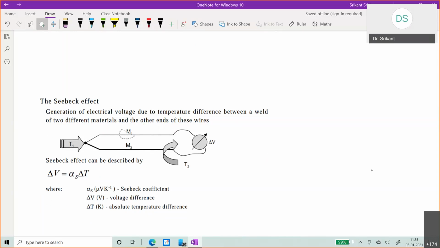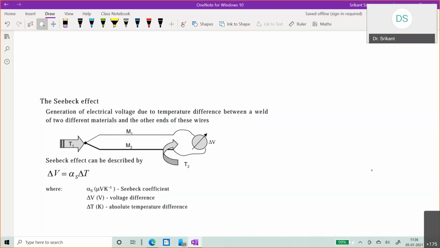So if I have two materials having different conduction bands, valence bands, and Fermi levels, and they're connected this way, then due to the non-uniform distribution of carriers, when you apply a temperature at one end, say one end is hot, and one material has lots of electrons and one material has fewer electrons. Now, normally when you give heat as an input, the electron gains energy and starts moving. So the electron will move from the hot end to the cold end.